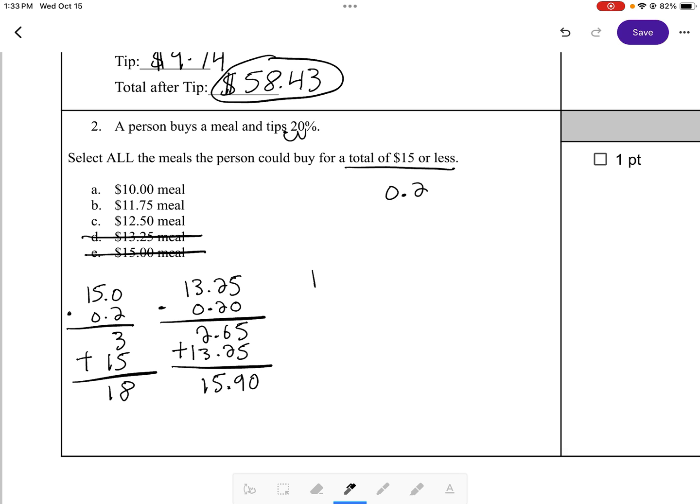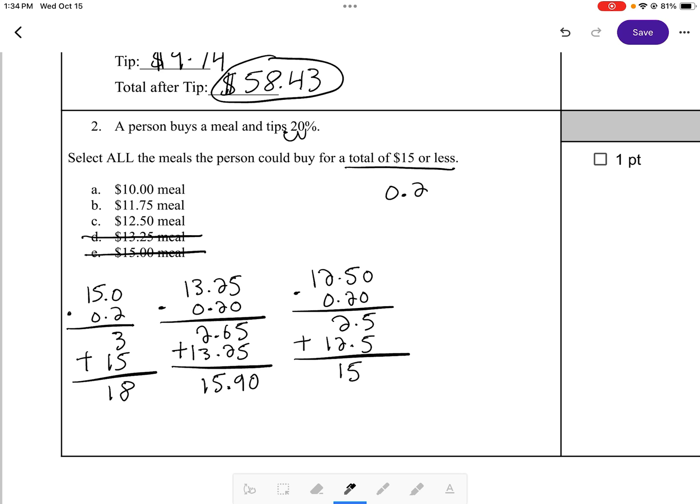Let's try C. 12.50, we're going to do the same thing. We're going to multiply it by 0.2. 12.50 times 0.2 is 2.5. But don't forget then I have to add it back to my 12.50. When I do that, I get a total of $15 exactly.